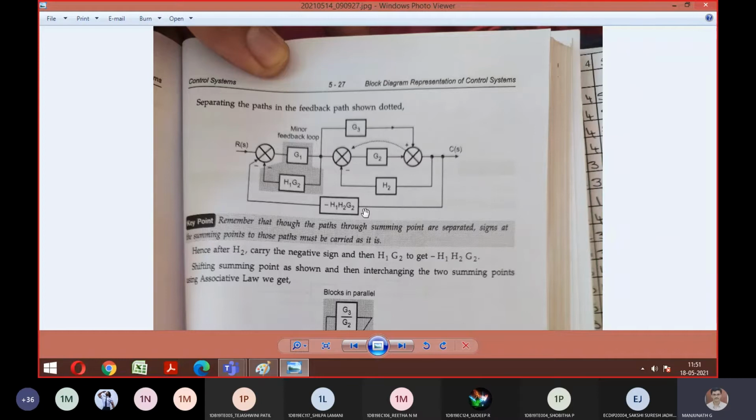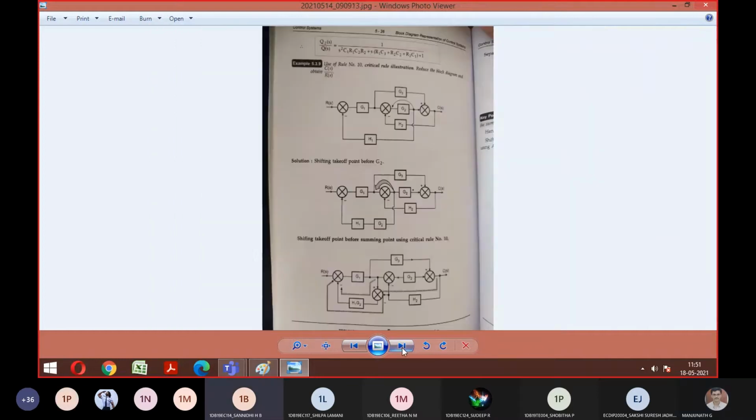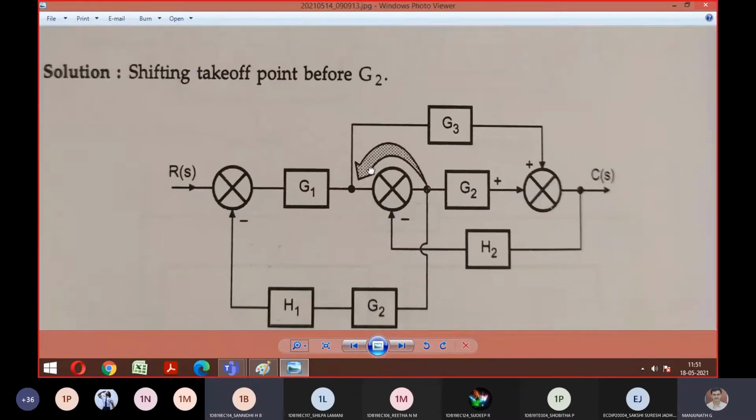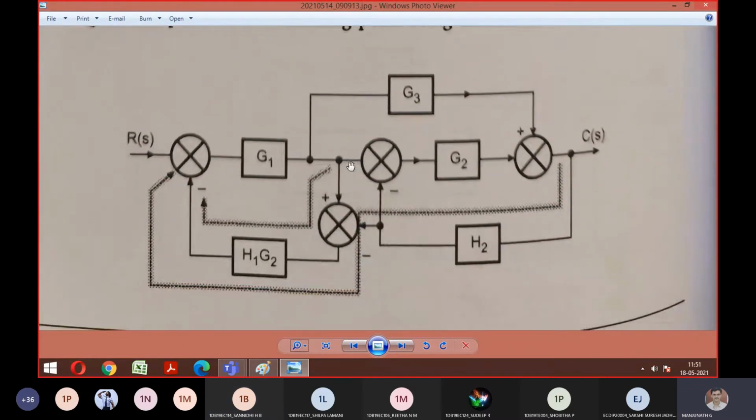Sir, repeat. Did you get this last step? I hope this point is agreed by everyone, right? Do you remember we have solved many problems like this, separation of feedback paths. This summing point is connected to G1, G2, and similarly to H2. Agree with that? If we separate the path, this is one path, so this summing point won't come for this path.